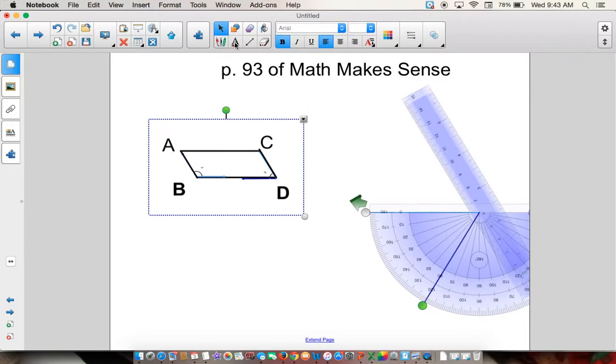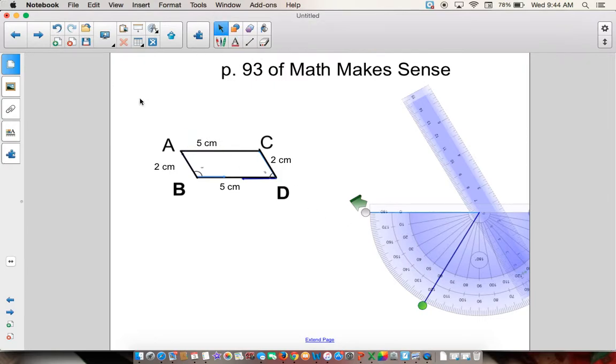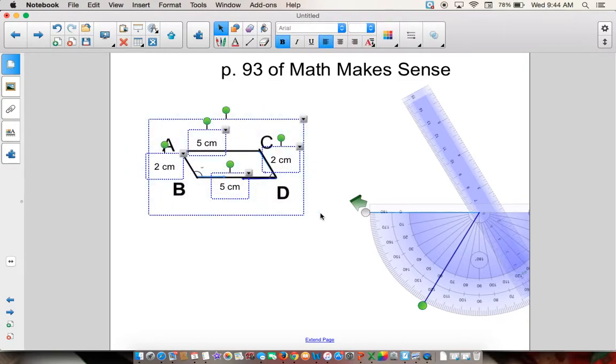I forgot to put in the side measurement, so I'm going to go back and put that in right now. I'm going to use smaller text. I know that this was 2 centimeters because that's what I drew. This side was 2 centimeters. And the bottom was 5 centimeters. Make sure you select it all and group it again just to make sure it stays together.